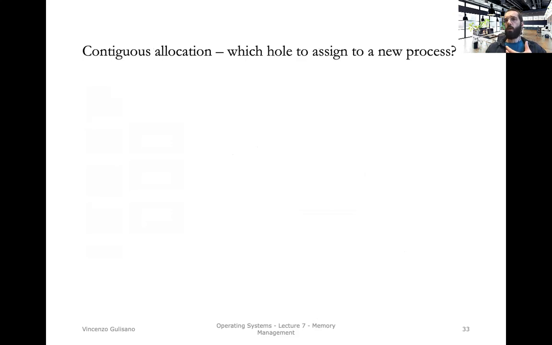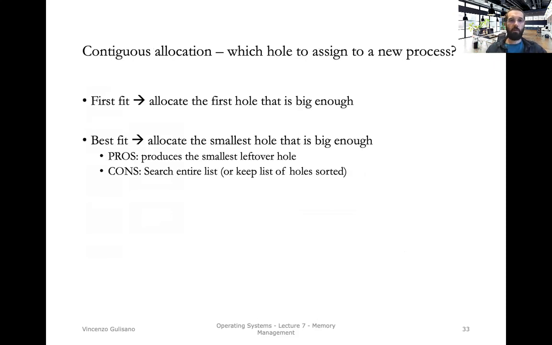Also, you need to think about how you make decisions when it comes to assigning processes to holes. You can take the first that is available, pretty easy, the first that is big enough, of course. You can try to find the best fit, so basically the smallest hole that is big enough to contain the process.